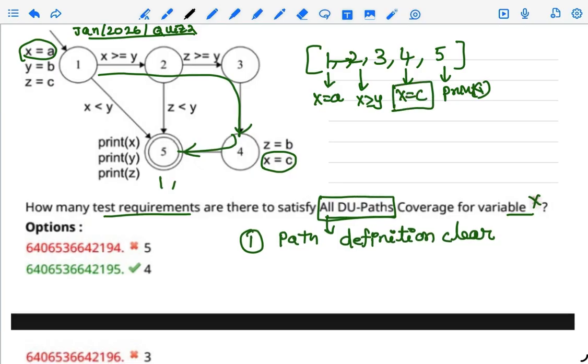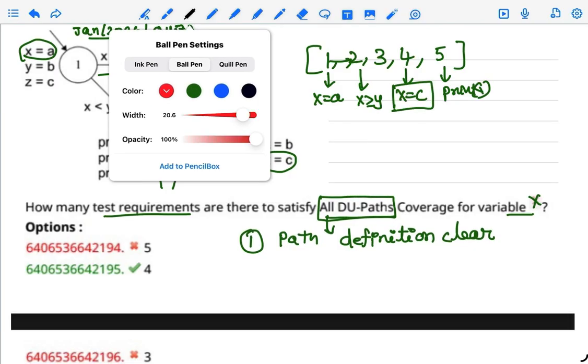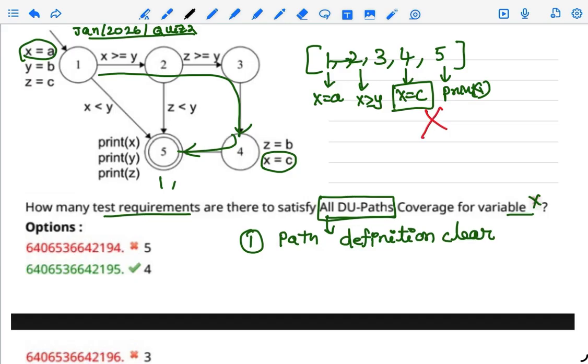So there is a redefinition, so this is not allowed. This path is not a def clear path. The path must be def clear, with no redefinition.